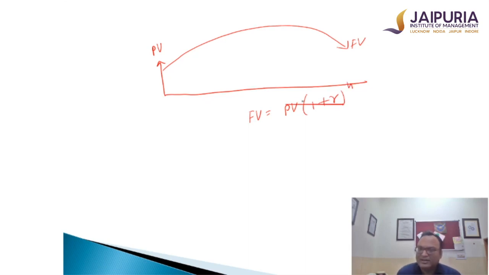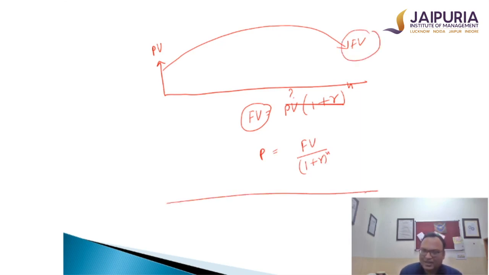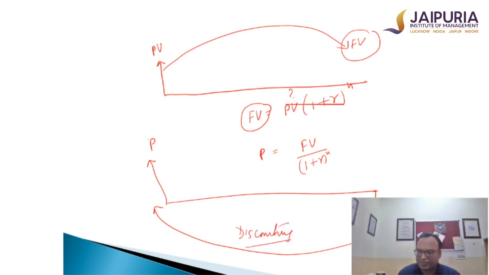However, now I know the future value and I want to know the present value. So simply, PV is equal to FV divided by (1 + r)^n. On the timeline, this is the present and this is the future. Initially P was known and I was computing F. Now F is known and I am going back. As we discussed before, this process is also called the discounting process.